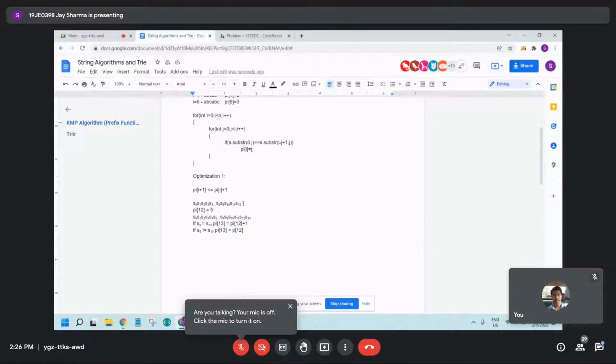Because if that were the case, say it was 7 characters, then if 7 characters of this new string were matching the first 7 characters of this string, then definitely the value of pi of 12 should have been 6.